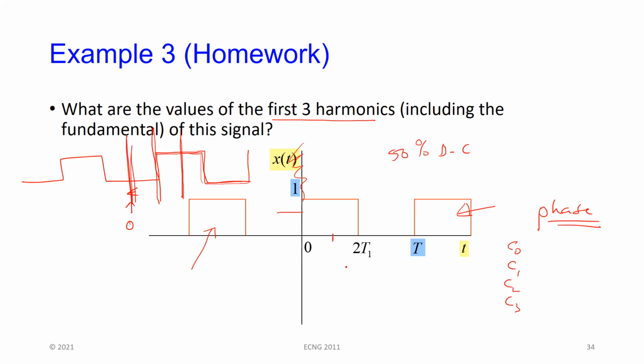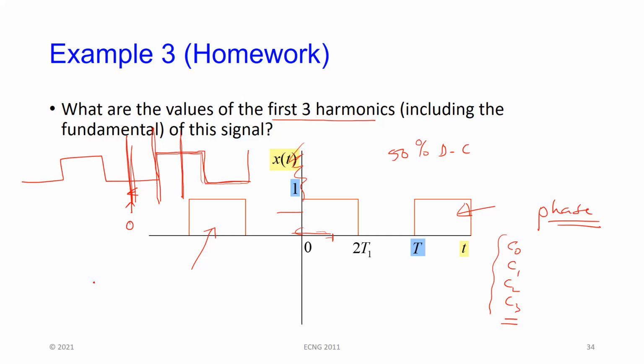Before I was looking at it from here. Now I'm looking at it a little bit earlier. There's going to be something else appearing inside of here. And if you remember, that shift in time in a signal is what we call a phase. So you're going to get the same amplitudes, but there's going to be a phase value inside of here.